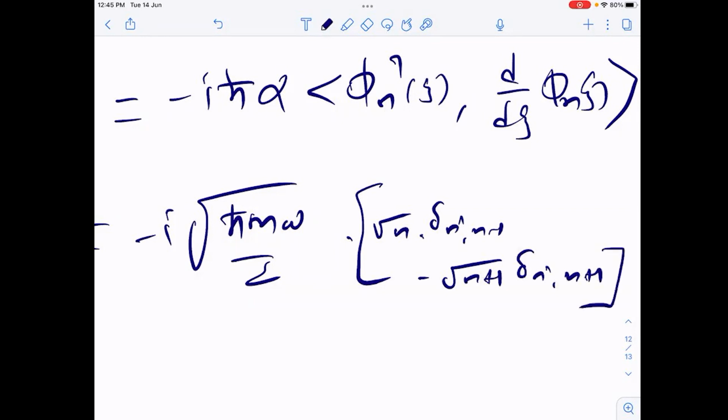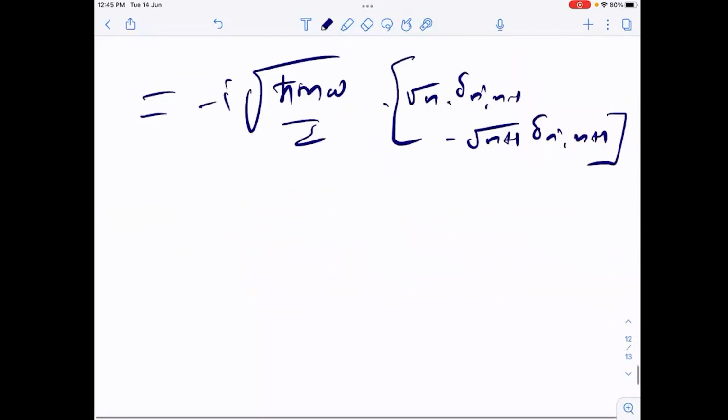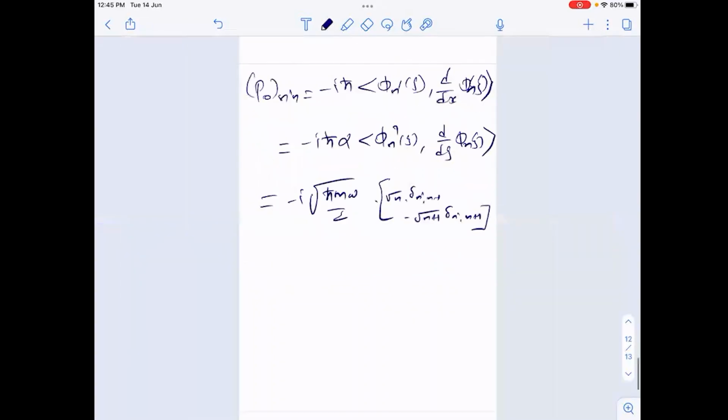Fine. Yes. And the matrices will turn out to be for x0 and p0.